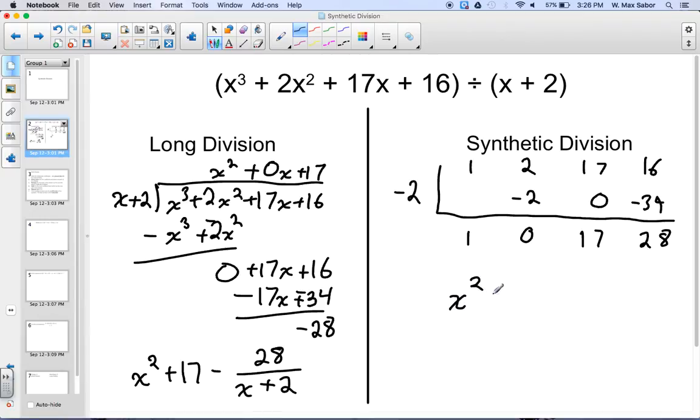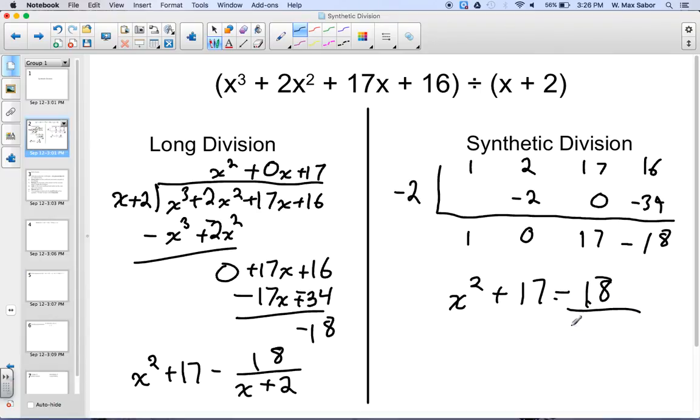So x squared plus 0x plus 17, that should be minus 18. I made an arithmetic mistake in both cases. This is supposed to be 18.